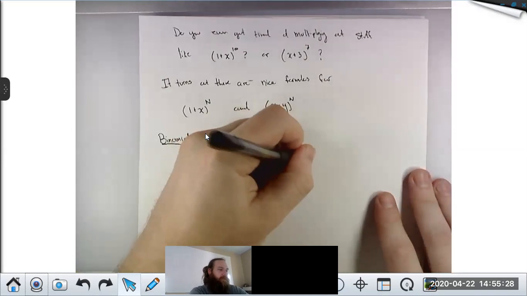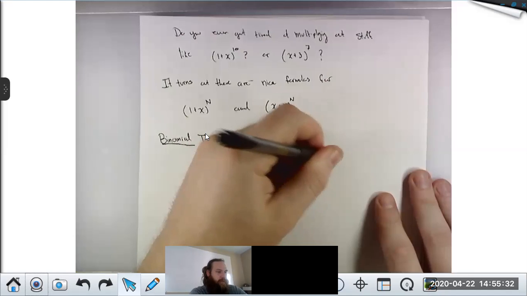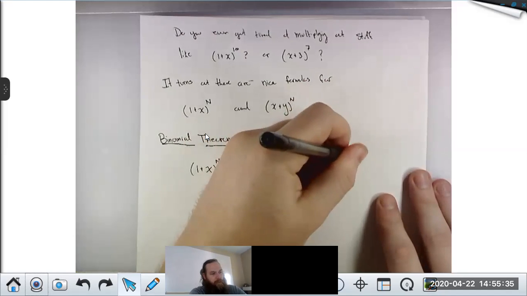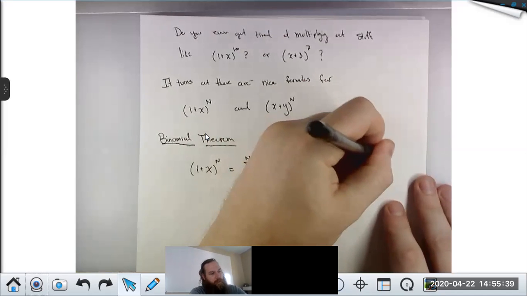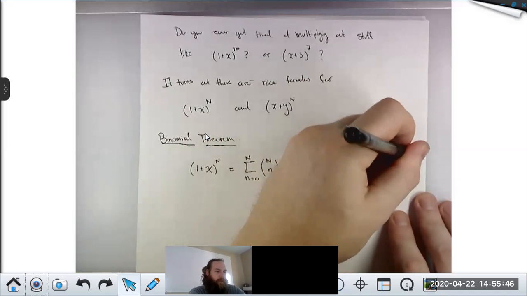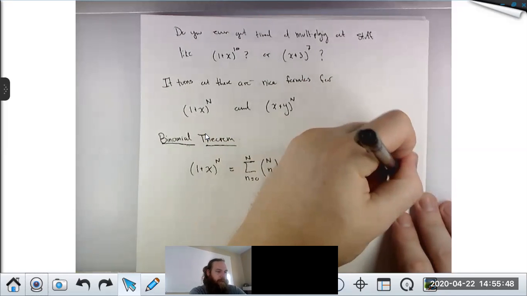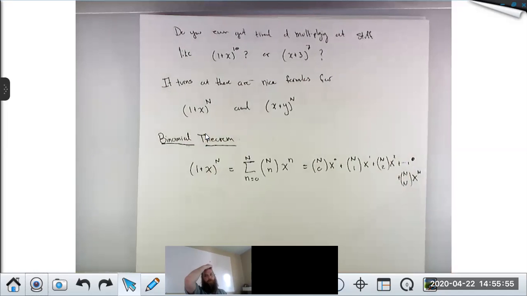But of course, if I was writing this out, this is big N choose 0 times x to the 0 plus big N choose 1 times x to the 1 plus big N choose 2 times x to the 2 plus, and then we end up at big N choose big N times x to the big N. So if you know what those parentheses numbers are, then you can expand anything that looks like this very, very quickly.